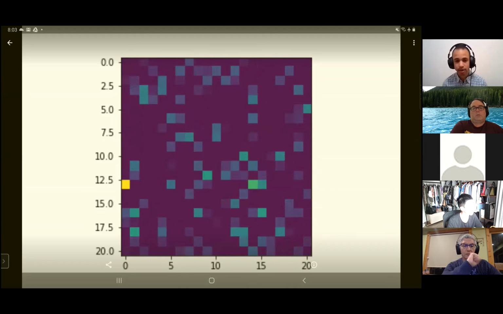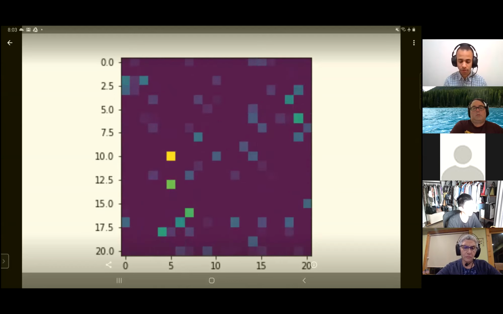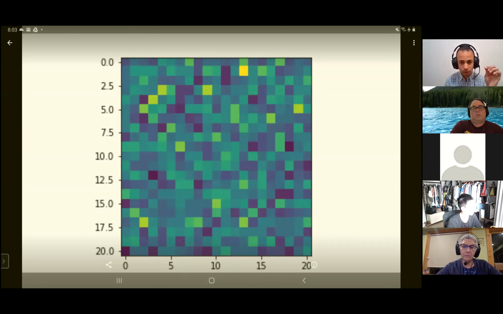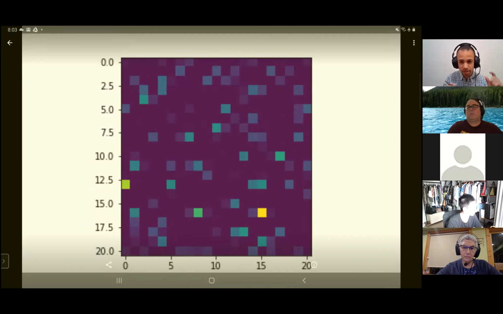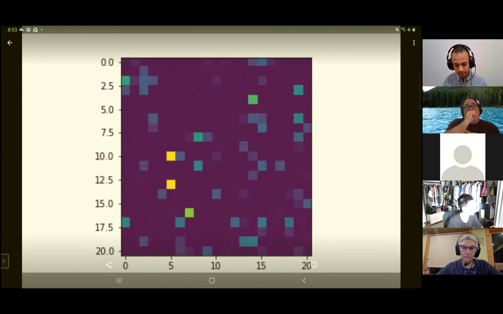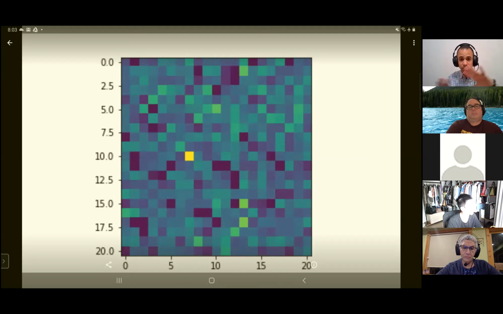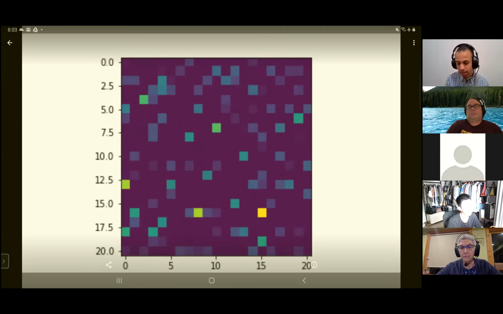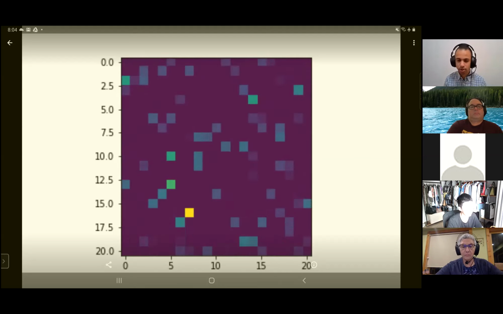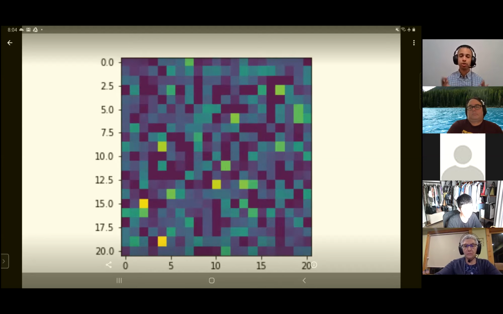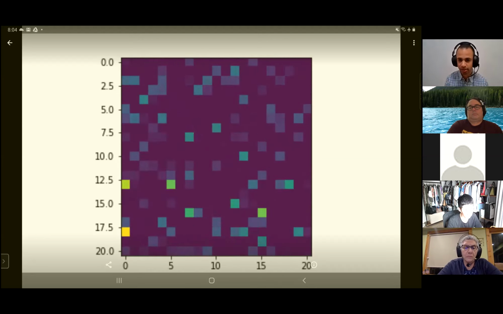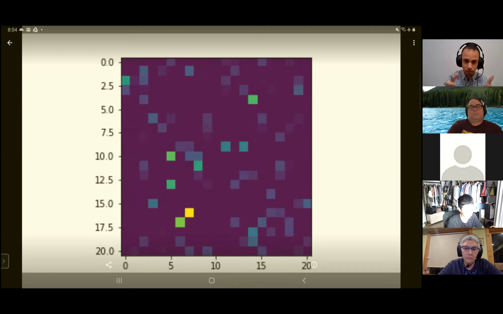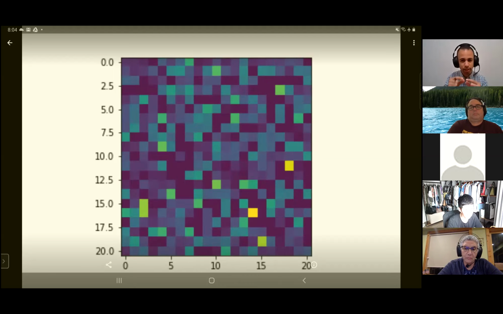But the real takeaway here is that there's a benefit to estimating a few points, getting delta down very, very precisely at a few points, and then interpolating based on those few points to the rest of them. There's a trade-off when you put computation time across a couple different places. If you put a lot of computation time into one point, you can estimate that point really, really precisely.